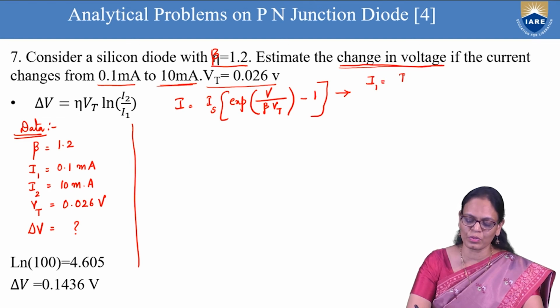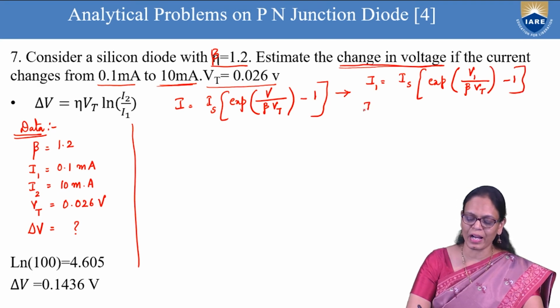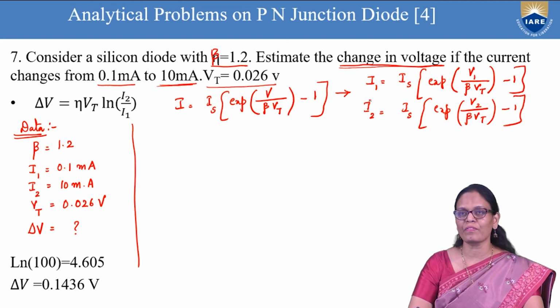I1 will be equal to Is exponential V1 by beta Vt minus 1. And I2 will be equal to Is into exponential V2 by beta Vt minus 1.